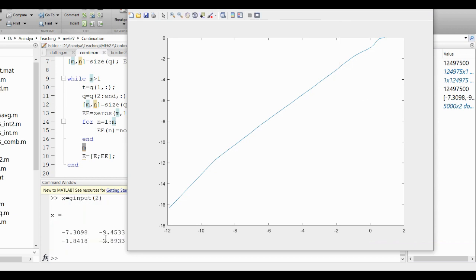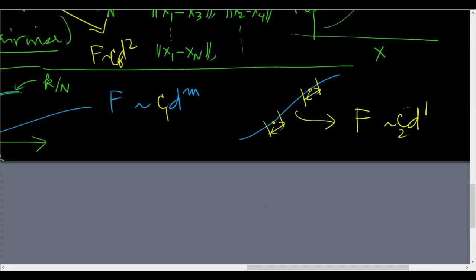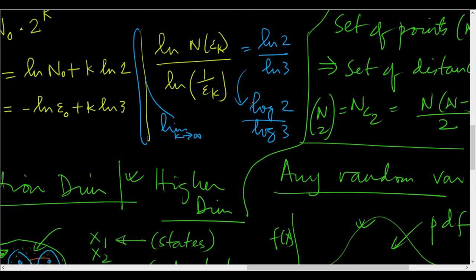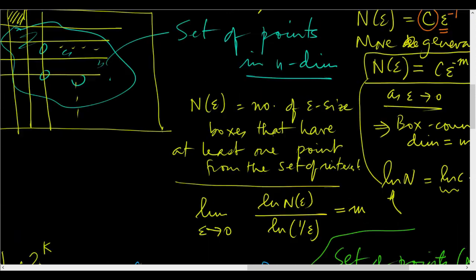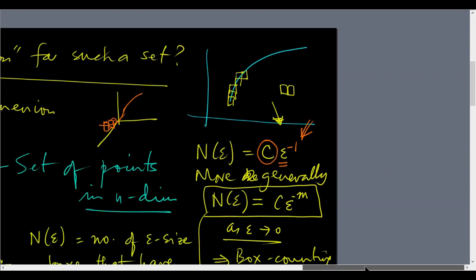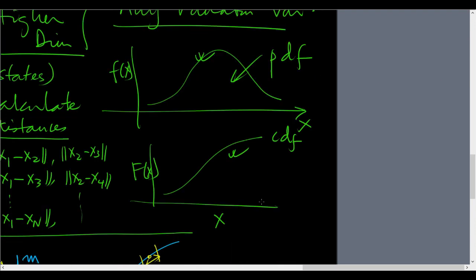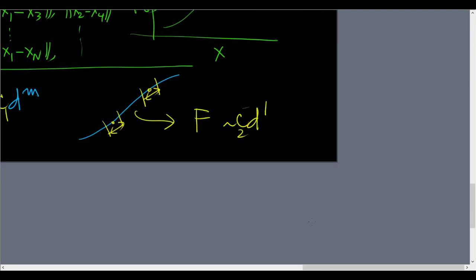And then I will do polyfit. And you see now the slope is more, it's 1.2. Okay. So I'll just write it here.